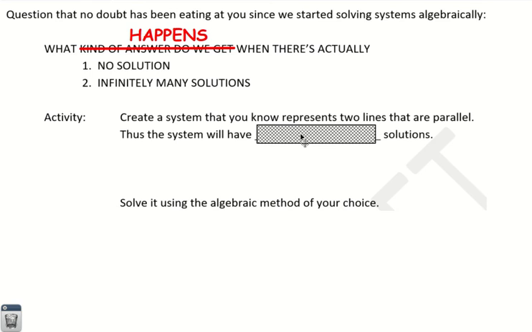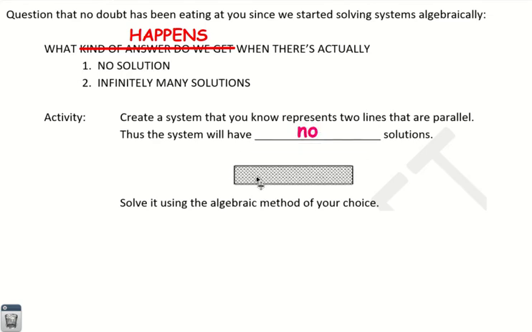So activity. Create a system that you know represents two lines that are parallel. Thus, the system will have what? If the two equations are going to be graphed as two parallel lines, how many solutions are there going to be? No solutions.